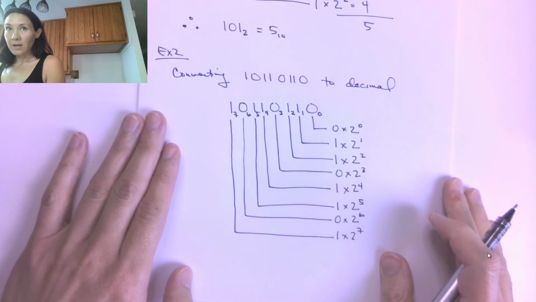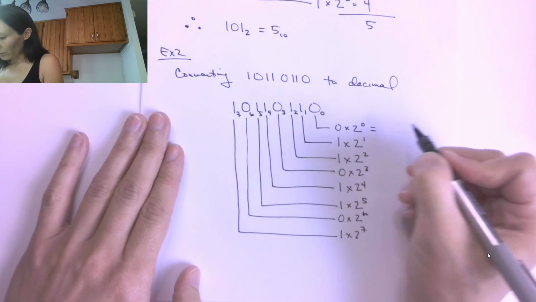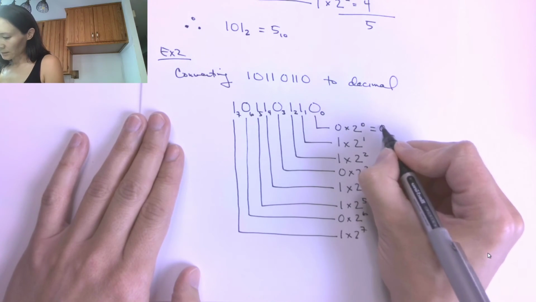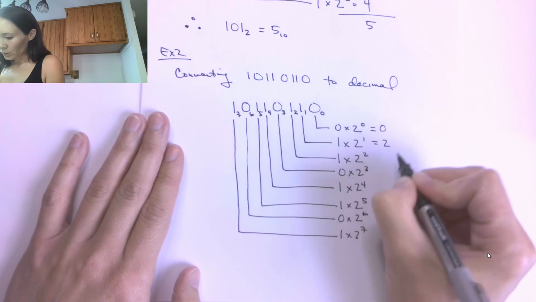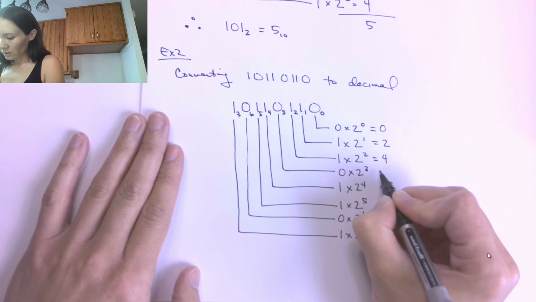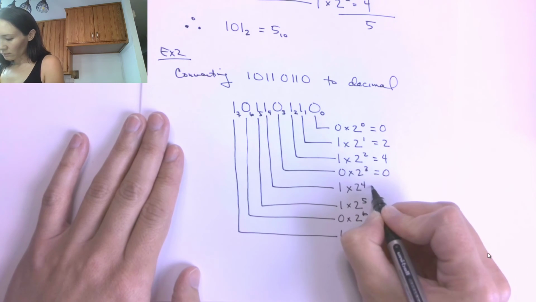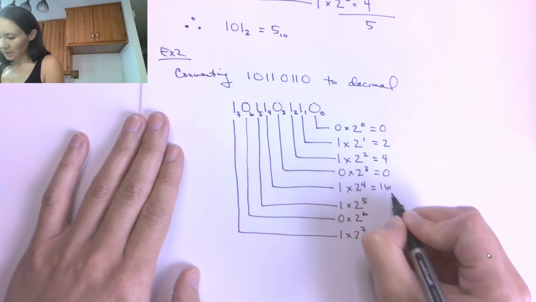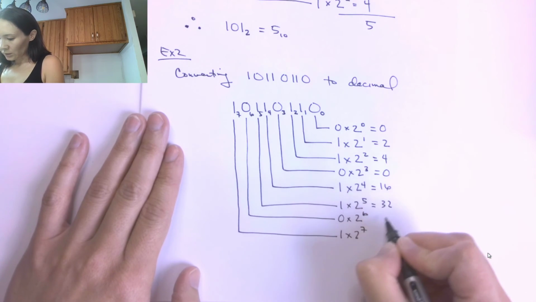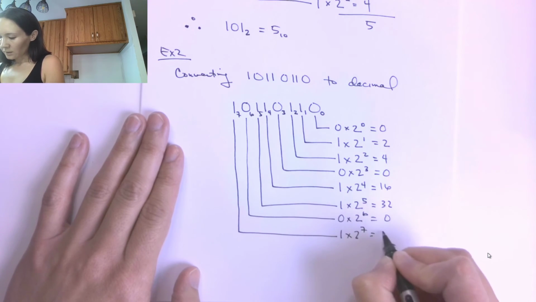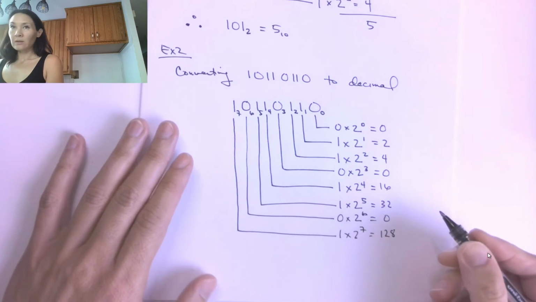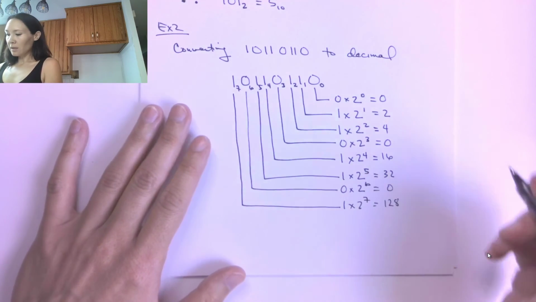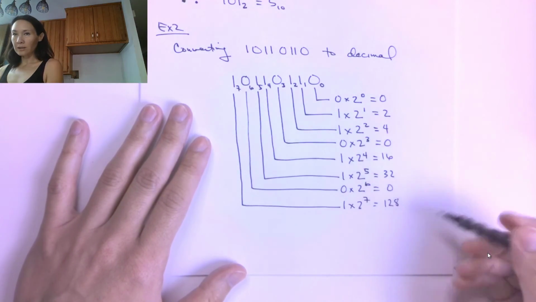Okay, great. So then the products are, this gives us a 0, this gives us a 2, this gives us a 4, this gives us a 0, this gives us a 16, this is 32, this is 0, and this is 128. So the last step of our method is we just add all these products straight down.